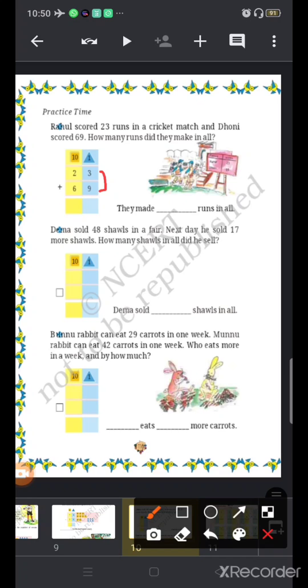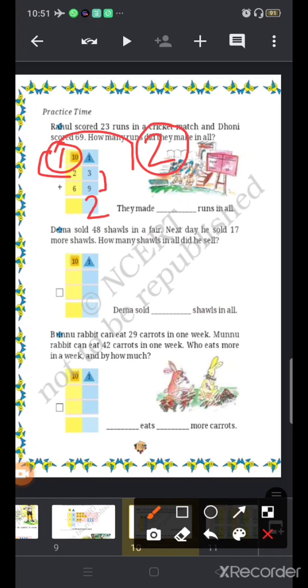So start counting again. After 9: 10, 11, 12. Okay. So what we'll write here? This 12. This 2 will come in place of ones and this 1 will go in place of tens. Here carry.